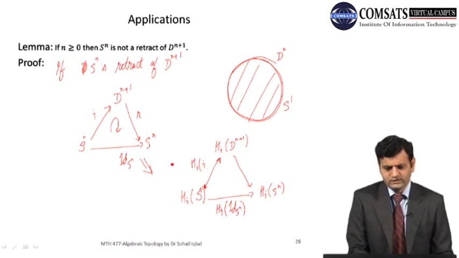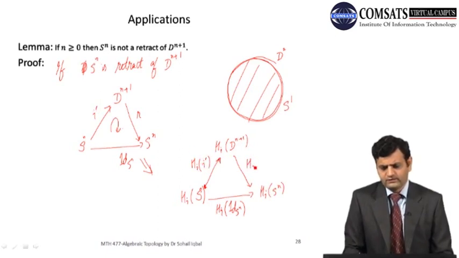This I is different from this I, so let's say this is I prime, and Hi of R, so that this diagram commutes. Now we know that this disk is contractible, so this is equal to 0, and when I is equal to n, then this is equal to Z. So in other words, we are saying that this identity map is 0 for I equal to n, which gives us a contradiction.